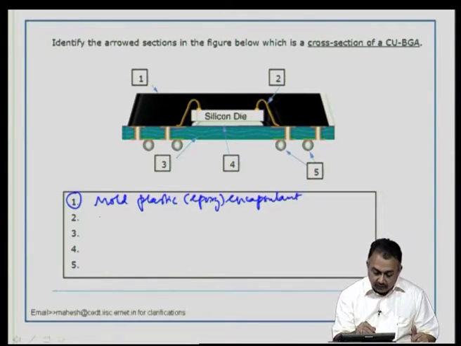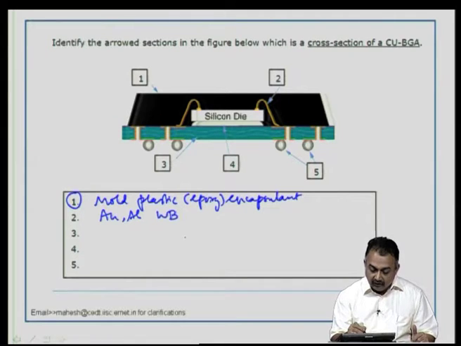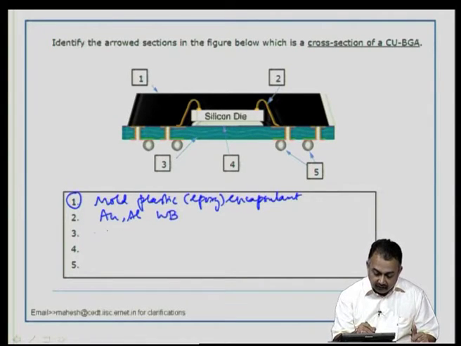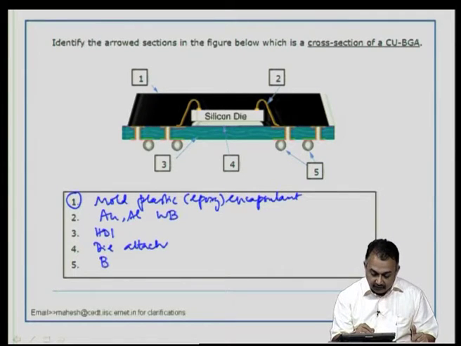Then 2 is a wire bond, either aluminum or gold. Item number 3 is basically the HDI substrate. Item number 4 is the die attach and 5 are the BGAs.